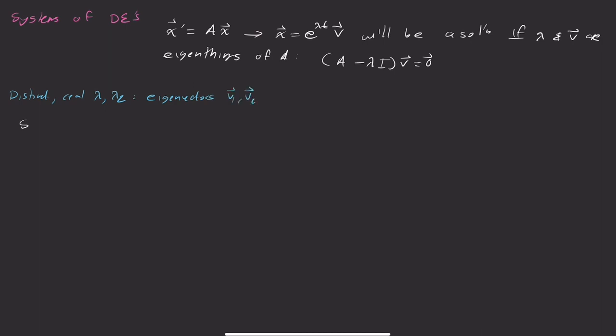Here solutions will be e to the lambda 1 t times v1 plus e to the lambda 2 t times v2. Expanding this into your proper solution, you have to remember to add constants in front of it, so your final solution, x vector of t, will be c1 e to the lambda 1 t times v1 plus c2 e to the lambda 2 t times v2.